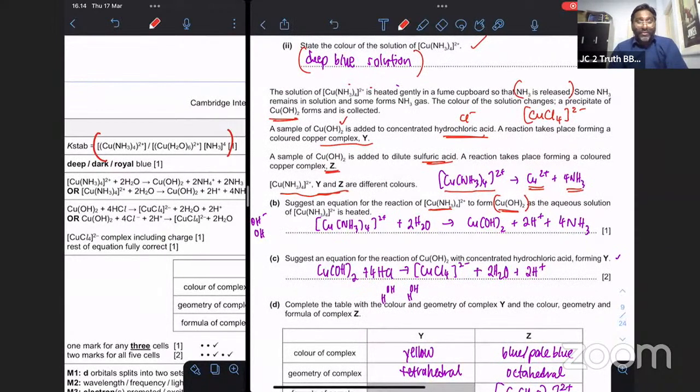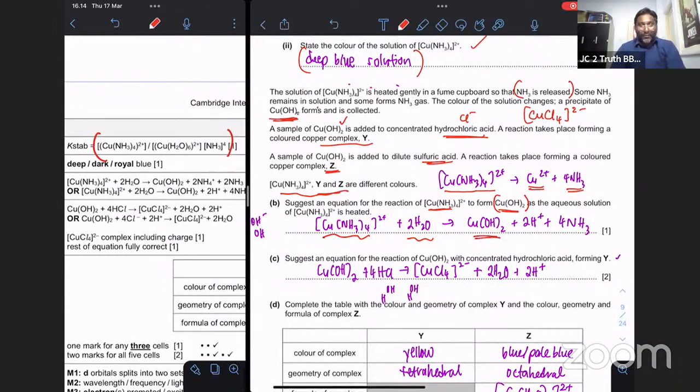In order to form CuOH2, because here I have ammonia, of course I need something over here that will give me the OH. That will come from water, so I include water over here, and I am going to get CuOH2.